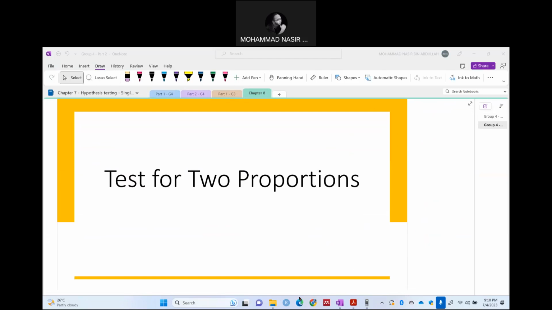Right. Test for two proportions. Subjective, right? No objective. But you need to calculate. But it's a very easy question, right? Chapter number 5 and chapter number 6.